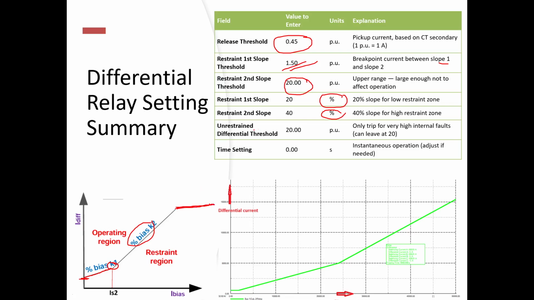Now we can insert these values into the DIgSILENT, because as you can see here, this is the differential current, and this is the bias current, and this is how the slope is configured. For example, this is slope base K1 or percentage, the 20%, and then this is the 40% slope.